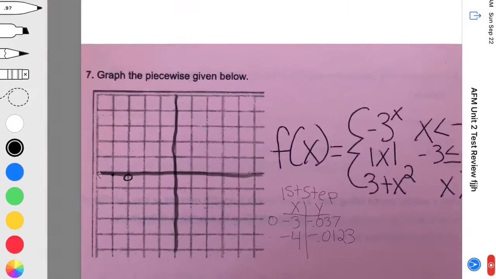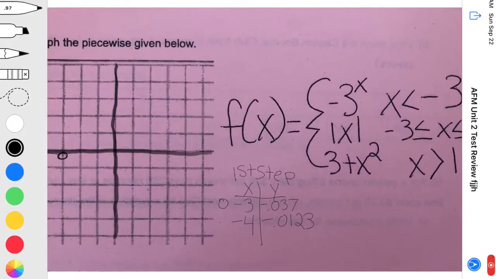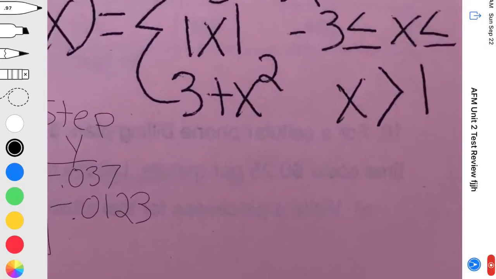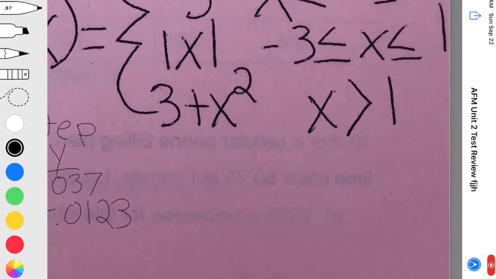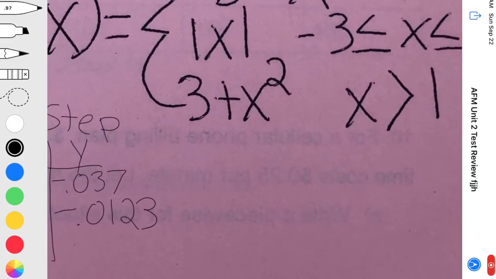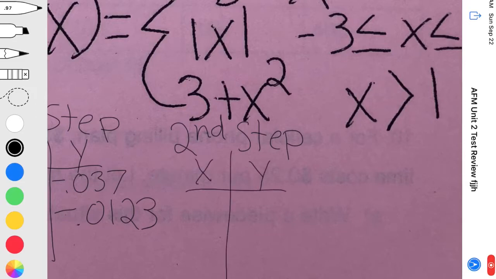For step 2, we have absolute value bars of x, and then the restriction of -3 to 1. So we're going to create our table for the second step. Our x values and our y values. So we're going to go back to y equals.